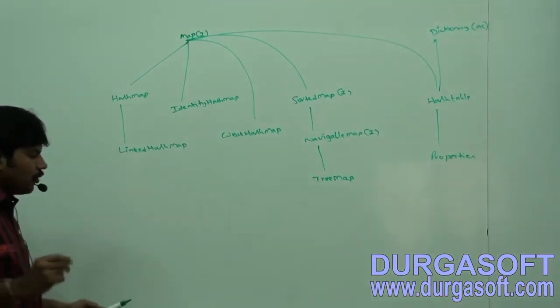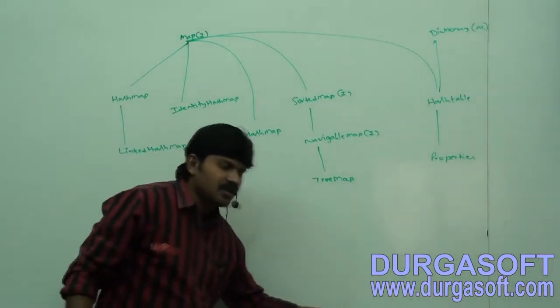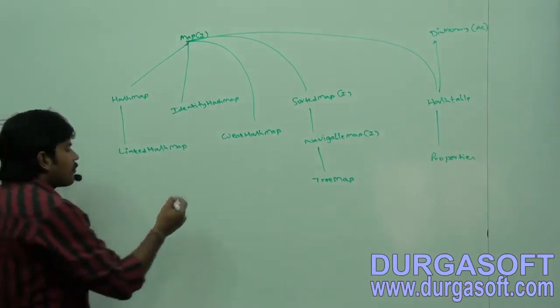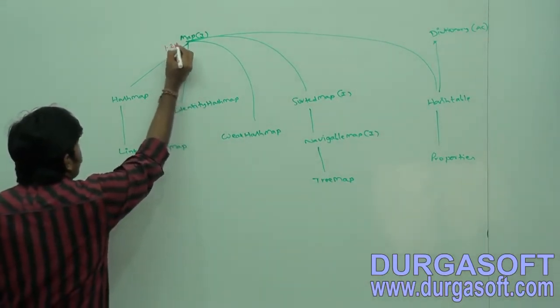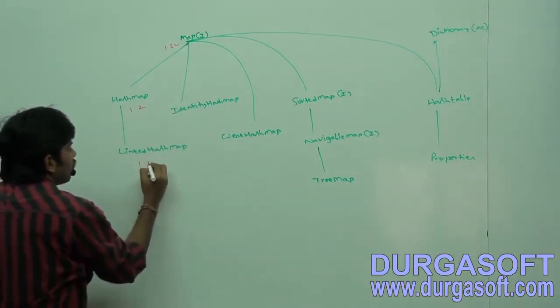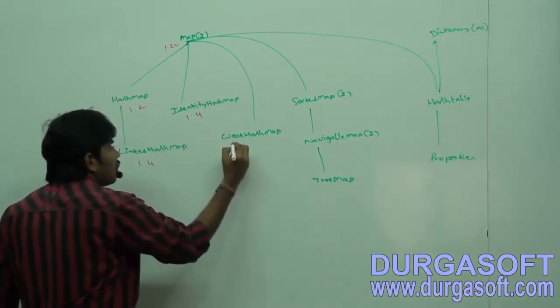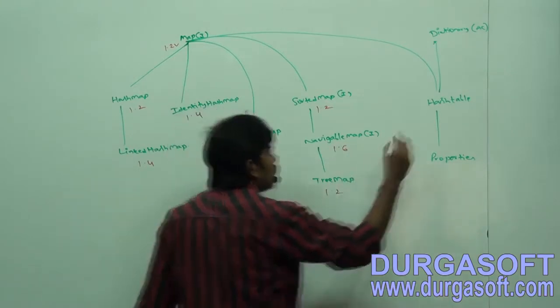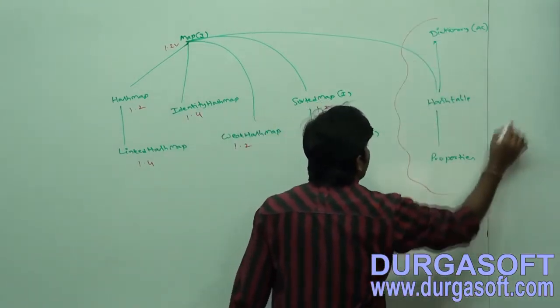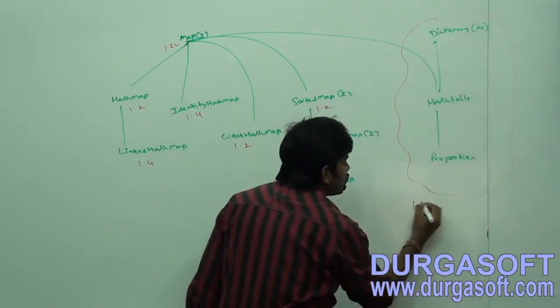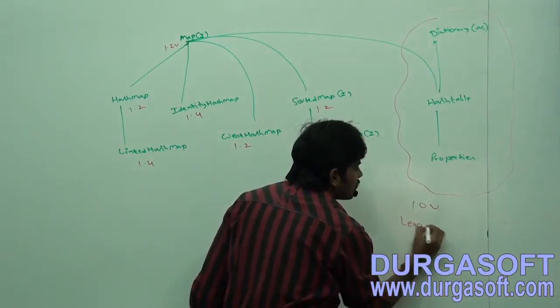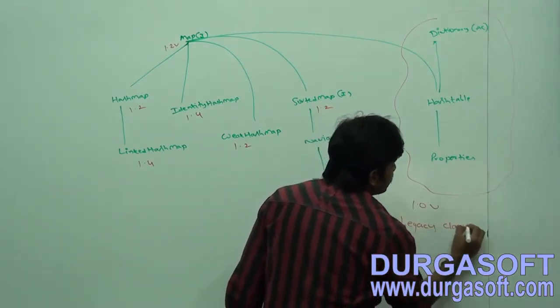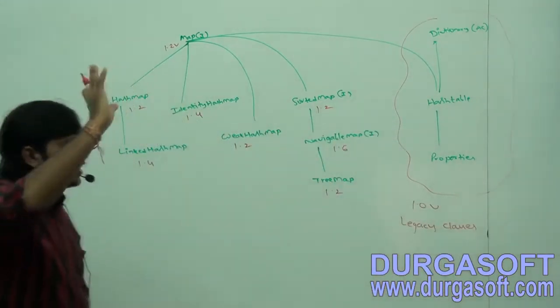I hope you are aware in which versions these things came. Map concept came in 1.2, and the Hashtable-related concepts came in 1.0 version. These are considered legacy classes.